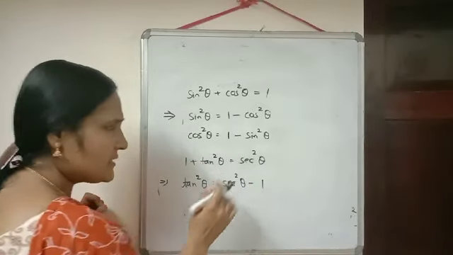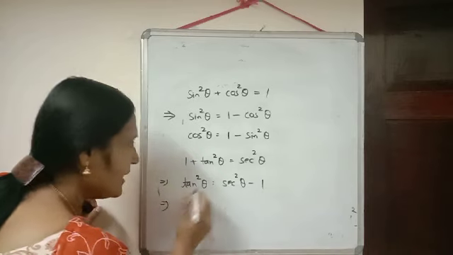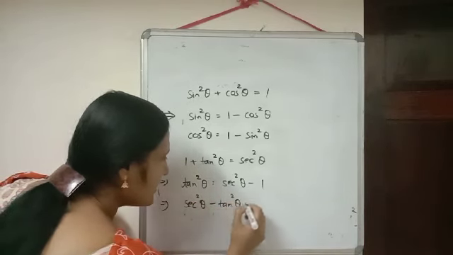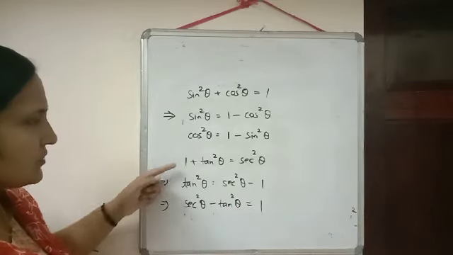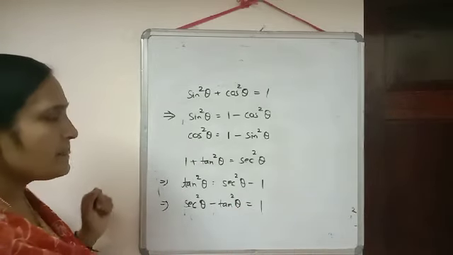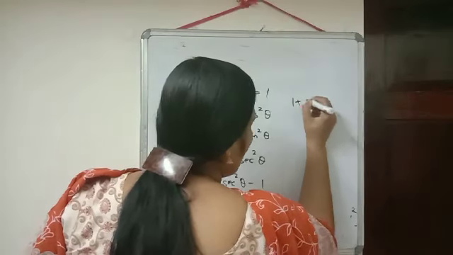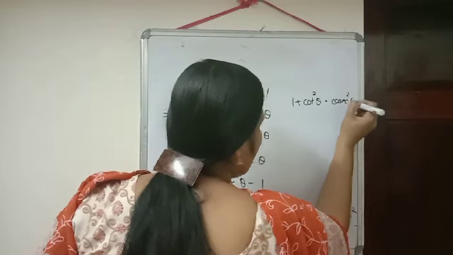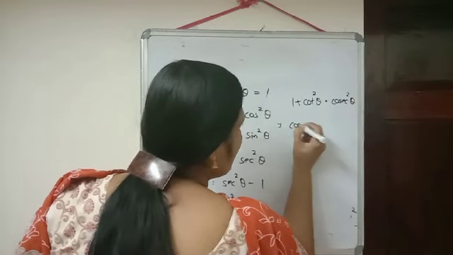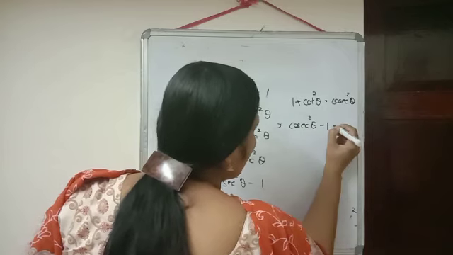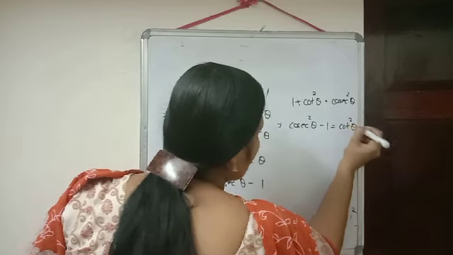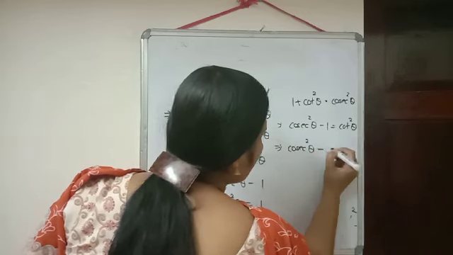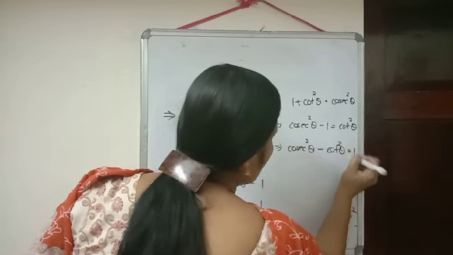Or if I shift tan square theta to the right hand side, sec square theta minus tan square theta is equal to 1. You can use all these results. The last one is 1 plus cot square theta is equal to cosec square theta, so cosec square theta minus 1 is equal to cot square theta, or cosec square theta minus cot square theta is equal to 1.